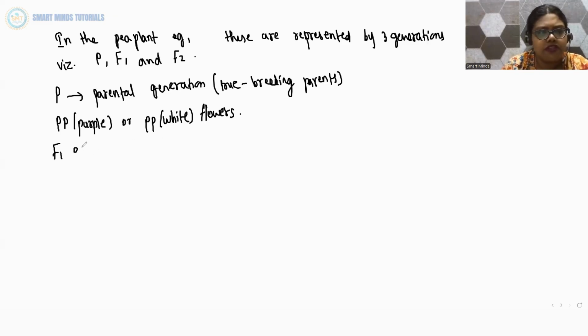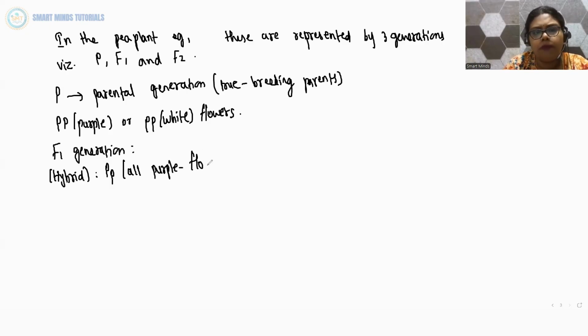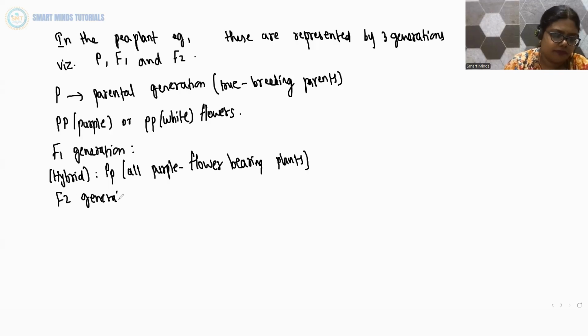Now what is F1 generation? Child 1, child 2. Hybridization. Hybrid flower. Capital P, small p. Purple and white. So all purple flower bearing plants. Then what is F2 generation?